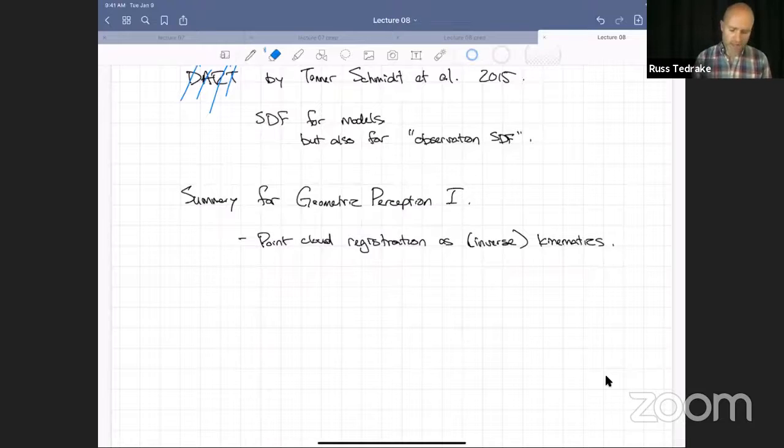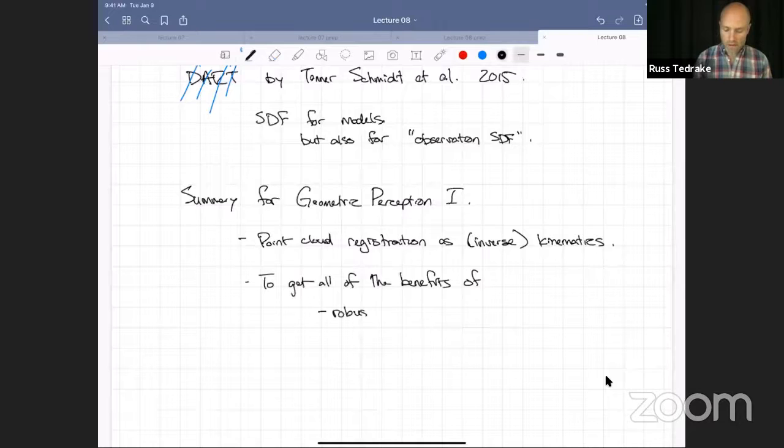So we talked a lot about the outliers and other things. I think the takeaway here for me today is to get all the benefits of robust outlier objectives, non-penetration constraints, and free space constraints.